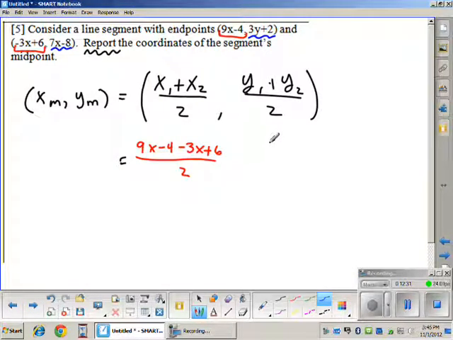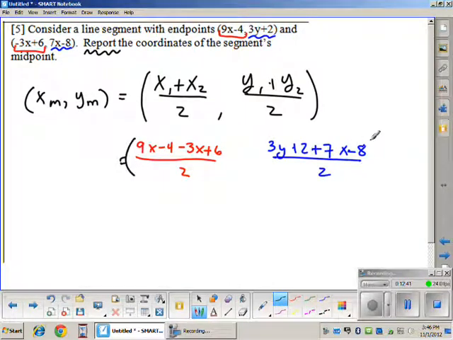Okay, this is still going to be a coordinate. It's still going to be at the midpoint. Now we're just into the solving steps of it. Again, we're assessing your algebraic ability. So we're just going to simplify this expression. If I have 9x's and negative 3x's, that's going to give me a net value of 6x's.